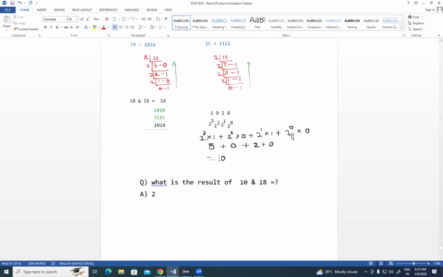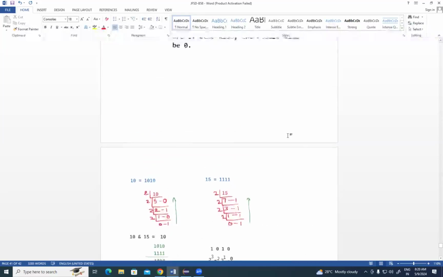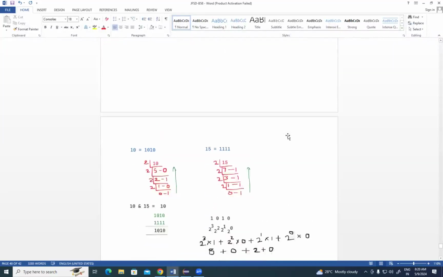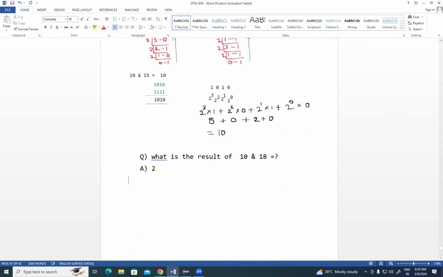Tell me, folks, so far we discussed which one? The bitwise AND operator. What is the next one? Bitwise OR, which is represented with a pipe symbol. See here, folks, I'm writing the point here.